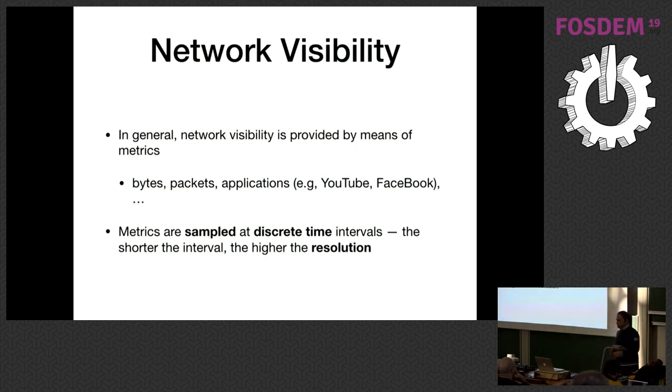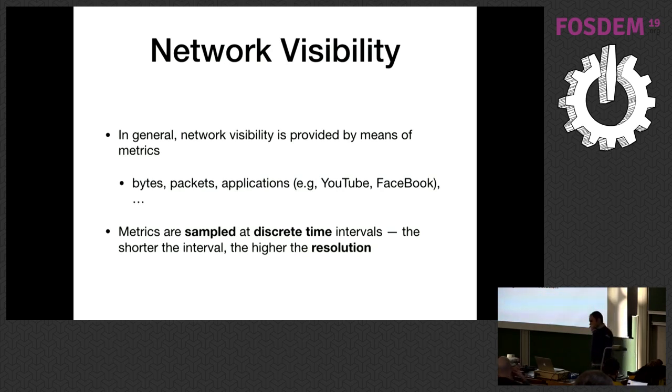But the point is that metrics are sampled. This means that there is no way to have a 100% reliable, accurate representation of the real metric, because we only have samples of the metric.